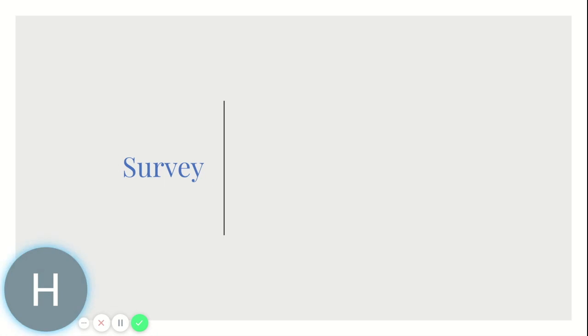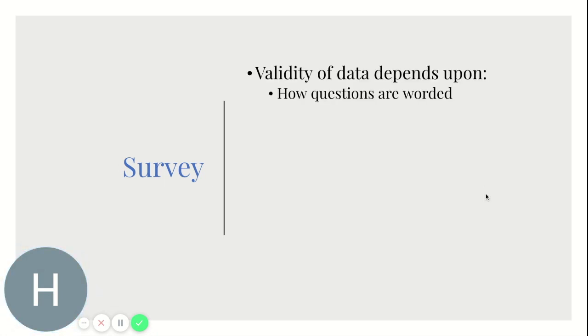If we are looking at a survey, we need to focus on a couple things. How are the questions worded? Because how the questions are worded can then prime certain answers from the people filling it out. So for example, take a controversial issue like abortion.